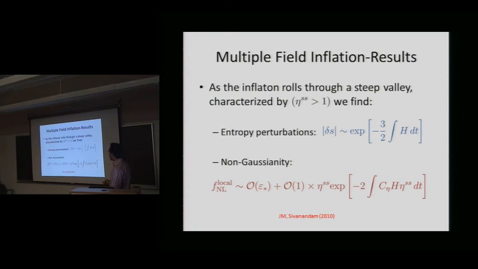And what you can see is this is always damped more quickly than the entropy perturbation. And so as the solution becomes adiabatic, it also approaches Gaussian. Well, I shouldn't say that. It also approaches a slow roll suppressed value of the FNL local.